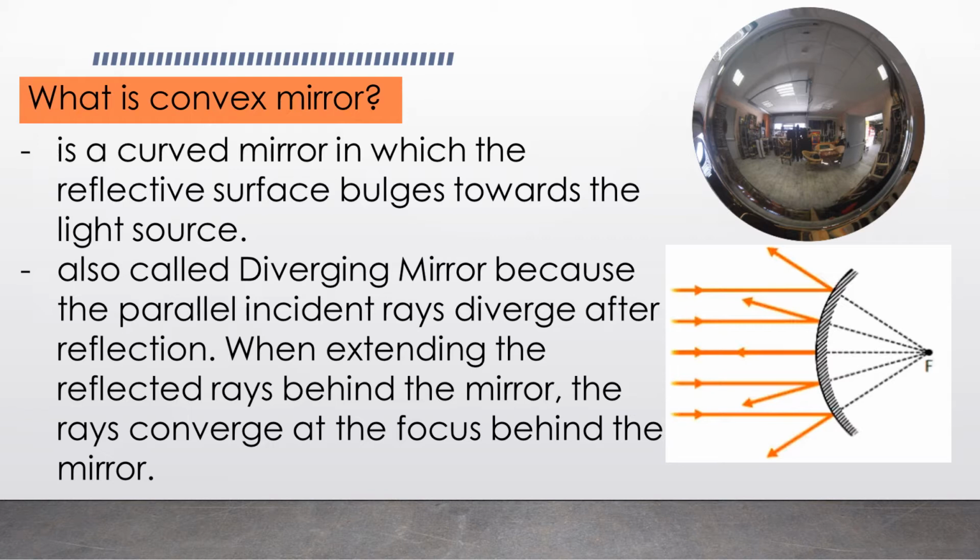But when you extend the reflected rays behind the mirror, look at the broken line behind the mirror, the rays converge at the focus behind the mirror. Okay? So a convex mirror is also called diverging mirror, in the sense that the reflected rays diverge after the reflection.